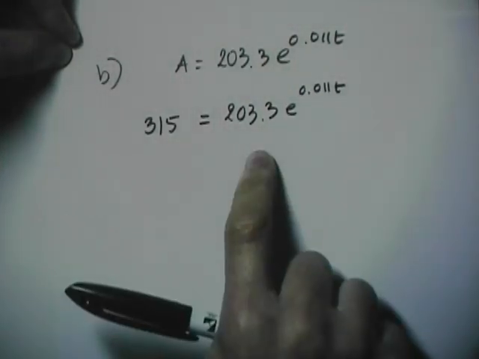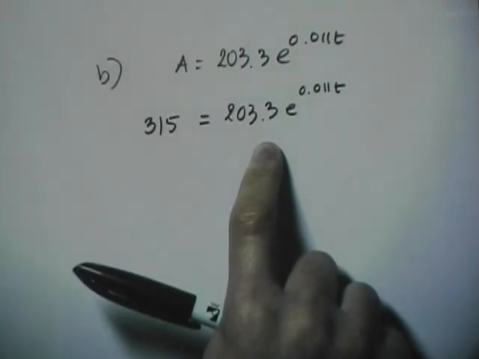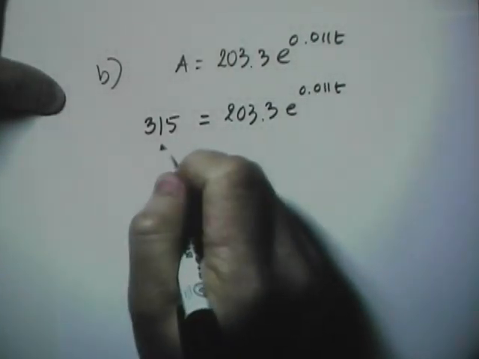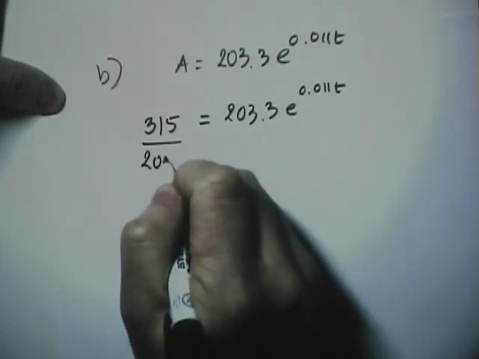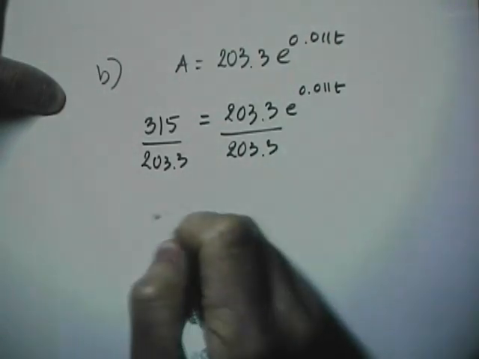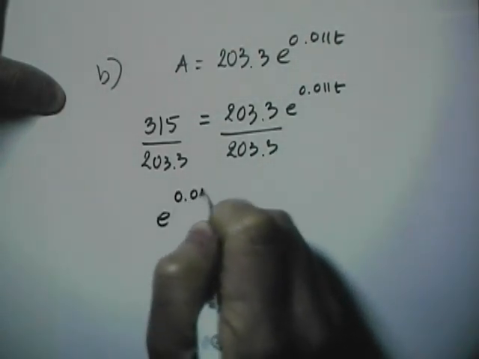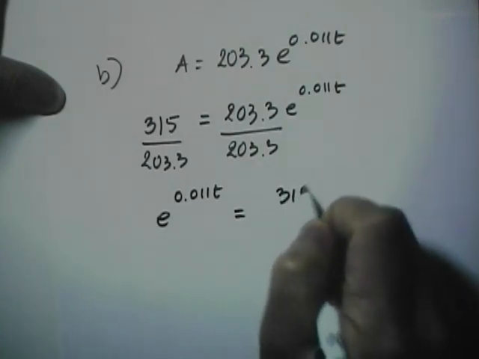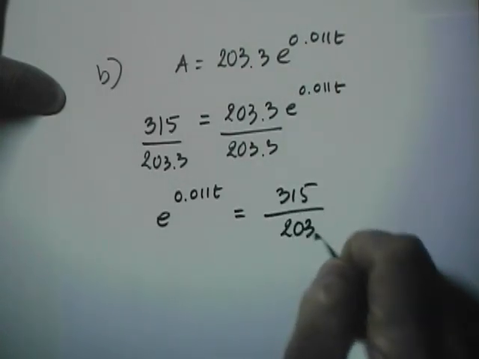And then I'm going to solve the equation again. This is once again another exponential equation to solve. So next, divide both sides by 203.3. I'm going to end up with e to the 0.011t equals 315 over 203.3.